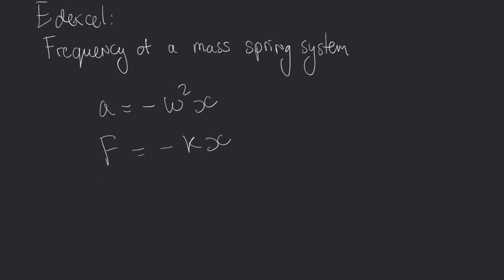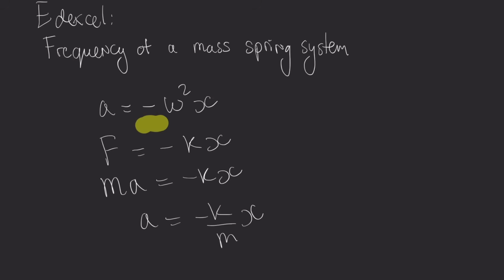Now because this here is the net force, we can say that mass times acceleration is minus kx. a will be minus k over m multiplied by x. Now if you compare those two, well, minus omega squared right over here, then this here will be equal to minus k over m. So this means that the angular velocity, omega squared, will be given by k over m.